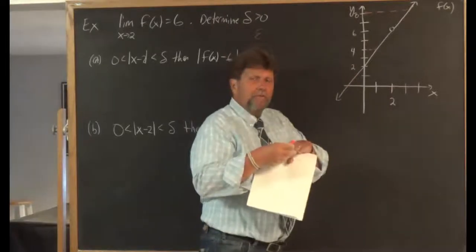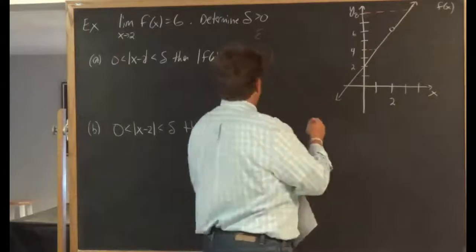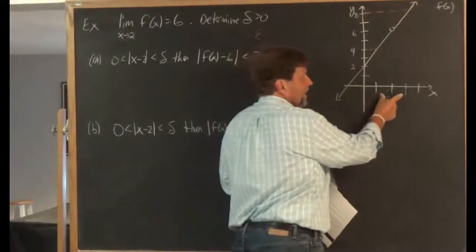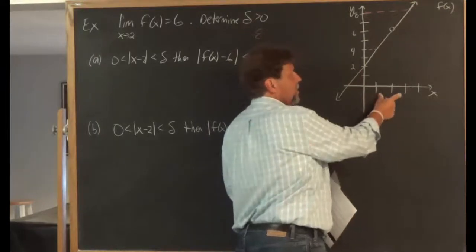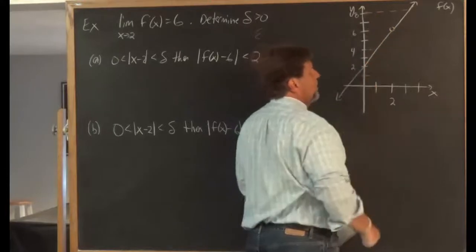So the person is playing the game and they give the epsilon value of 2, they're really saying, how close do I have to pick x's around this x value of 2 so that all the functional values are in this region?